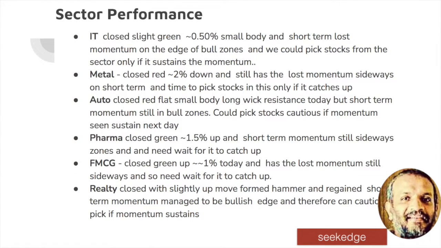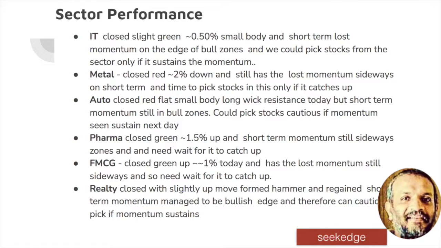So that's open interest, and now if you look at the sector performance, IT closed 0.5% with a small body candle, slightly green, but it's on the edge of bullish momentum in the short term. So you can pick stocks in IT if it sustains and does not slip the momentum back. Metal will slip down and stay sideways in momentum.